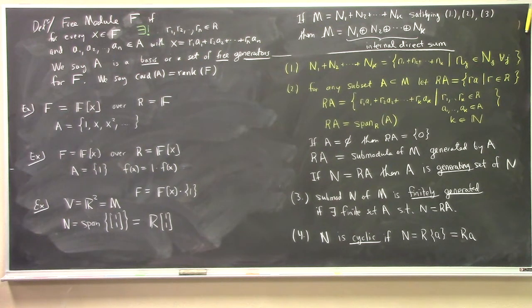So let's see here. So this is a line, right? This is a cyclic submodule. So cyclic submodules of vector spaces, I think, are kind of just one-dimensional vector spaces. Is that the right idea?